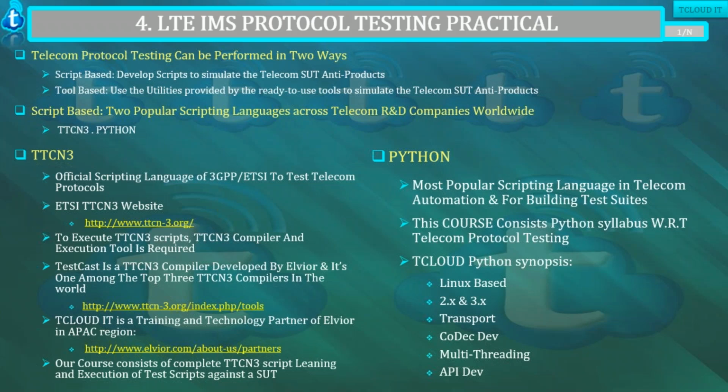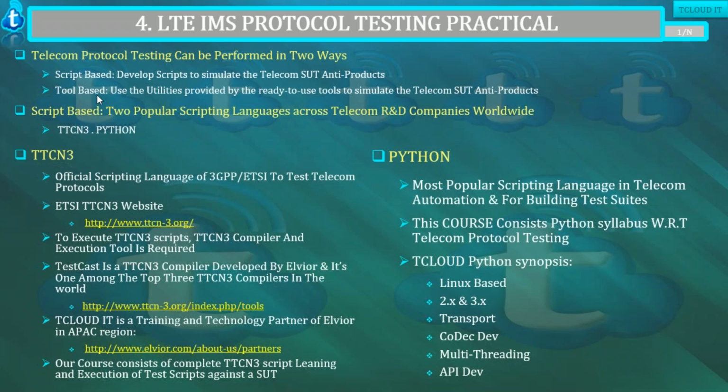Now, which method will companies use? Companies will use both methods to do protocol testing. Some companies will use script-based protocol testing, and some companies will use tool-based protocol testing. Now comes the question: which one do we have to learn?